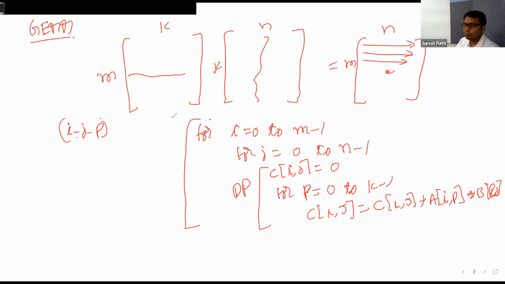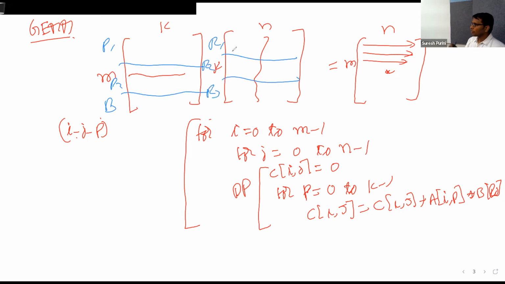Let's say for the sake of simplicity, in this particular case, you divide this matrix into three parts, P1, P2, P3, and you divide the other into three parts, R1, R2, R3. Then what will be the communication cost when we want to perform matrix multiplication using this partition strategy? Because the communication cost depends on the partition strategy, not only on the algorithm.